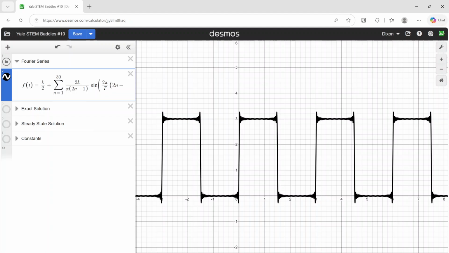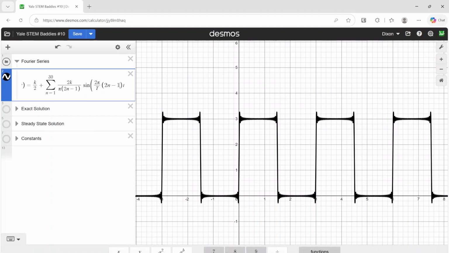It's a very simple equation, just those odd sine harmonics, just like we found. I've chosen arbitrary values for k, the height of the function, so k equals 3 here, and an arbitrary value for the period, big T, which I think is also 3.